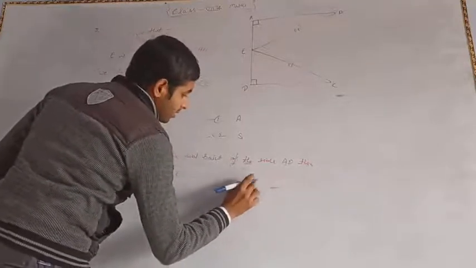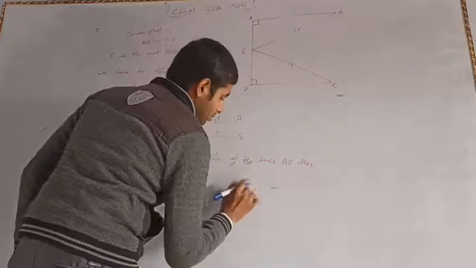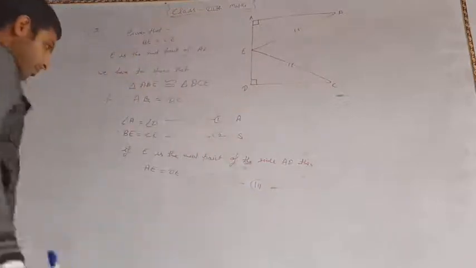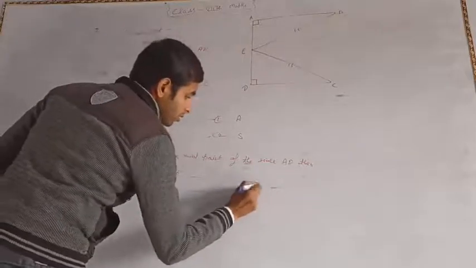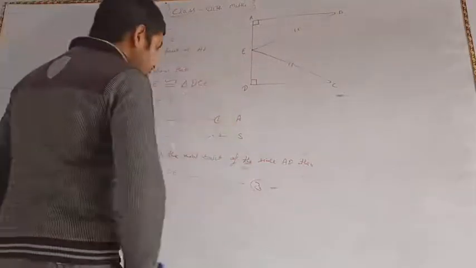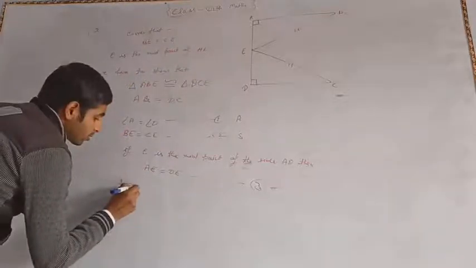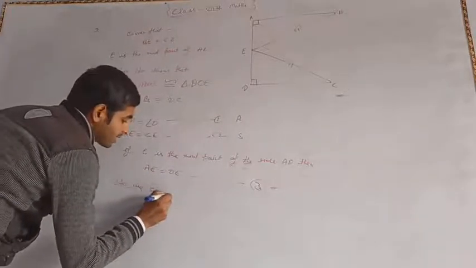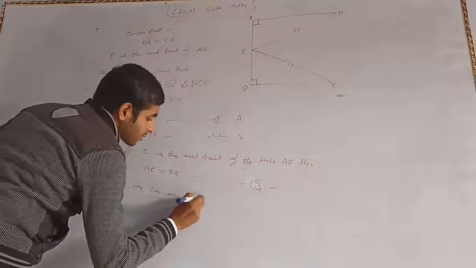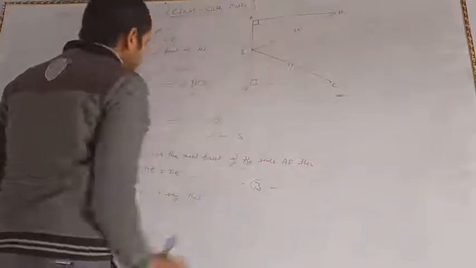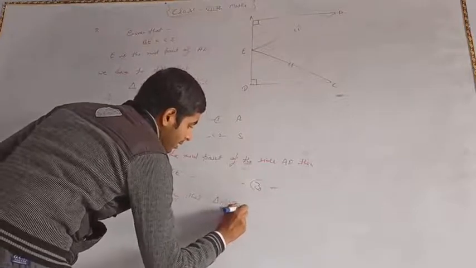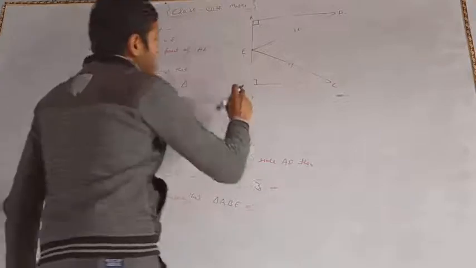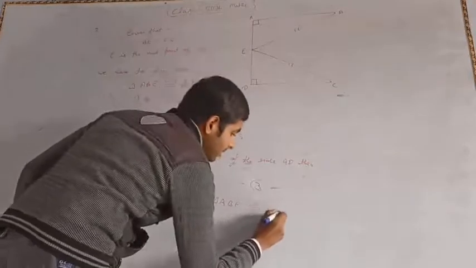This is the third condition of this congruency rule. So we can say that triangle ABE is congruent to triangle DCE.